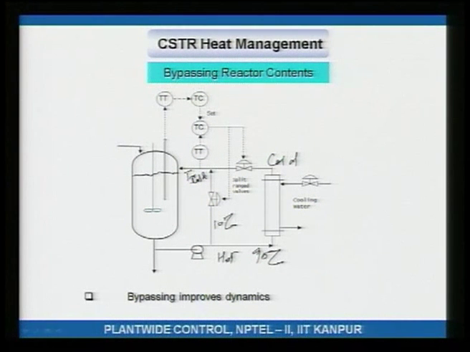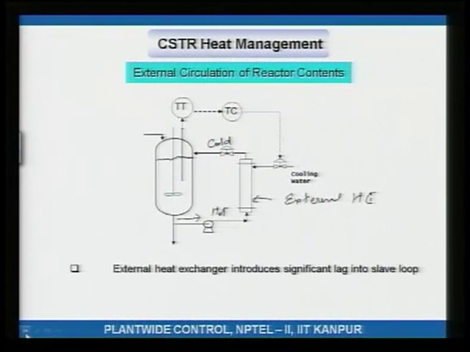The moment you change the amount of bypass, this temperature gives a very fast response. The moment this temperature changes, it is mixing with the hot reactor contents, hot material mixing with the cold stream, and if this is colder because I changed the bypassing, this hot reaction temperature will respond much faster than if I did it this way, where I am putting in more cooling water and the tubes are becoming colder and then this material is becoming colder.